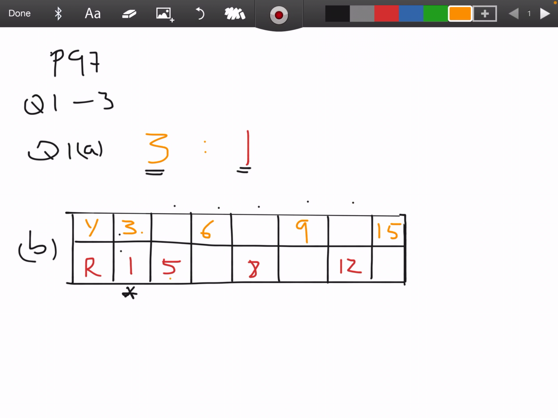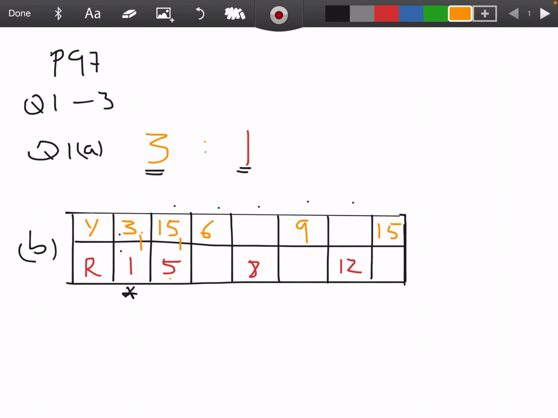Again, it has to be 3 times as much as the red paint. So we do 5 times 3 in that case, and we're going to have 15 is to 5. So they're the same ratio. 3 is to 1 is the same as 15 is to 5. You've got the same ratio of yellow to red.